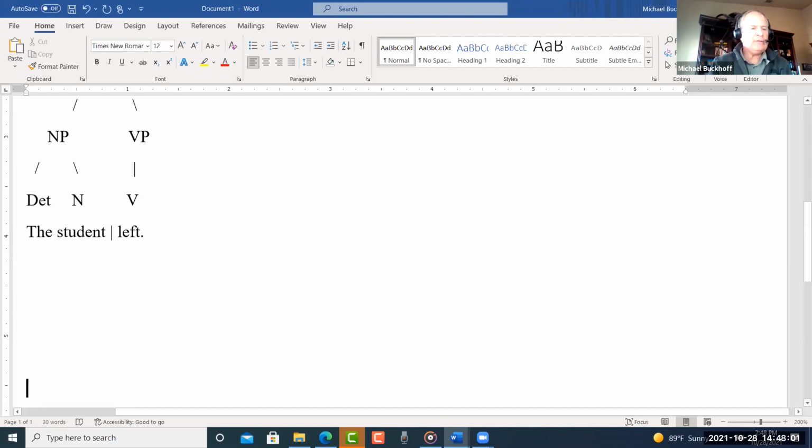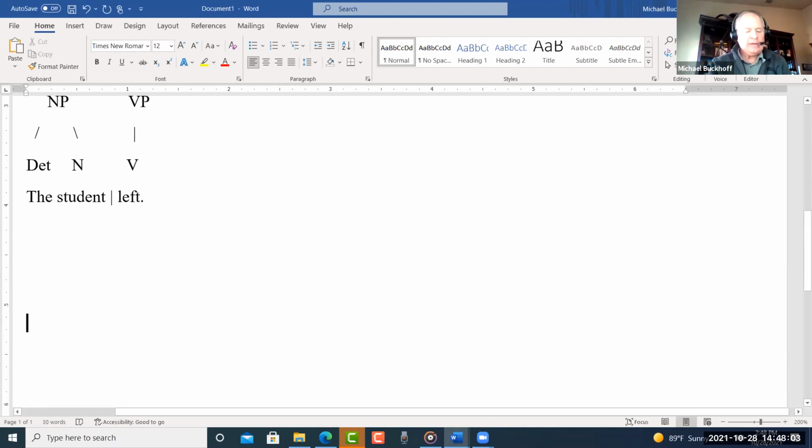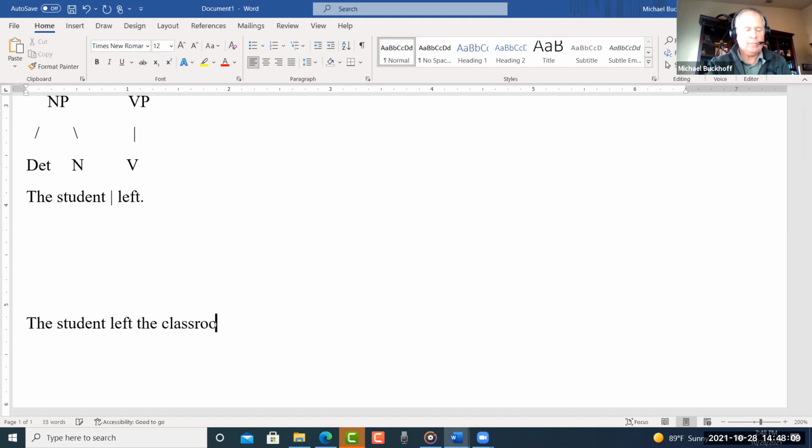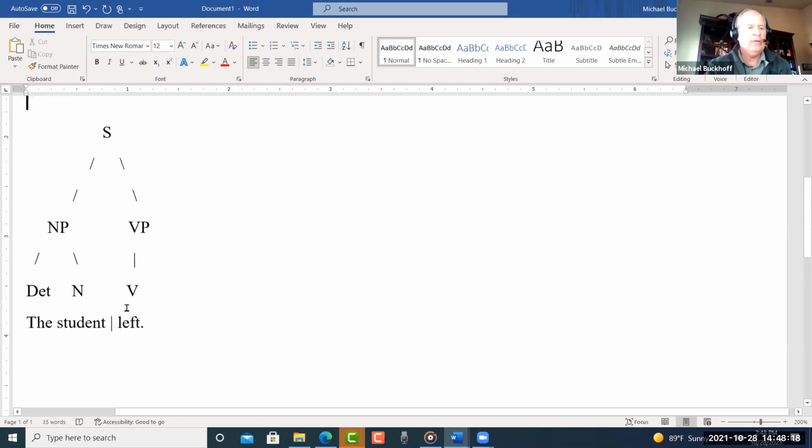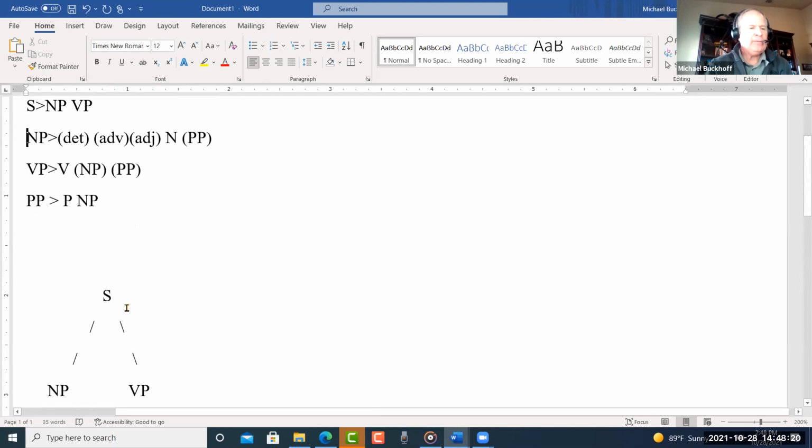Now let's take this idea and I'm going to add a noun phrase at the end. So we look over here. We know that a verb phrase can have a verb, but it can also have a noun phrase and even a prepositional phrase.